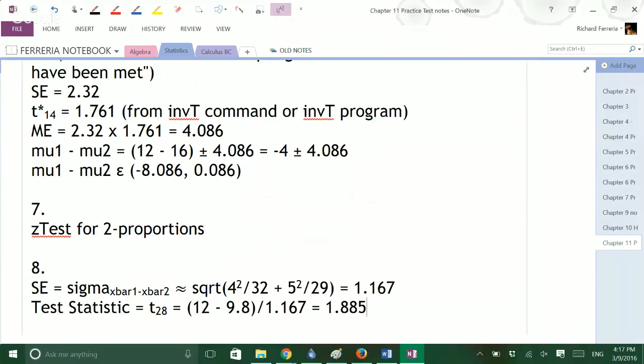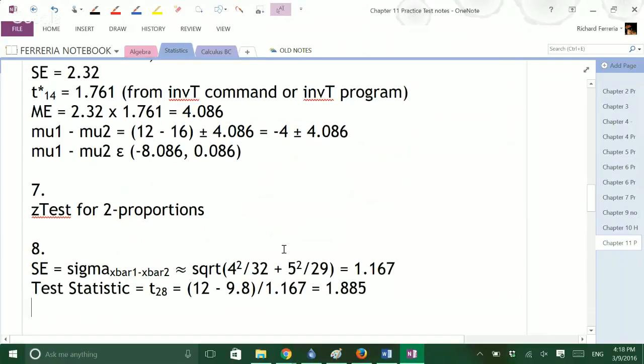Now for my p-value, we're seeing that our alternative hypothesis is a greater than alternative hypothesis. So we need to know the probability that T28 is greater than 1.885.